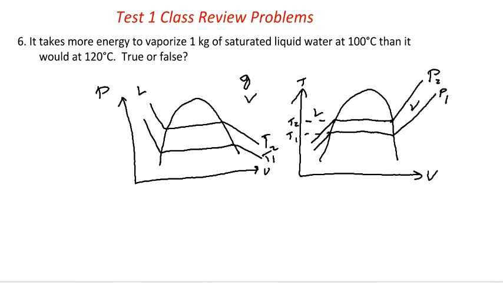It takes more energy at 100 degrees Celsius than it would at 120. Because on that graph, we've got the temperature increasing as it goes down, and we've got the latent heat, the enthalpy, the heat required to vaporize this, actually decreasing as you go to an increased temperature.